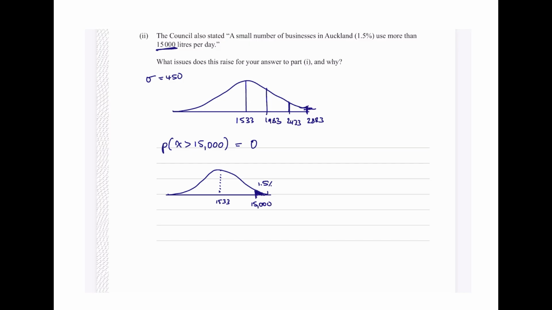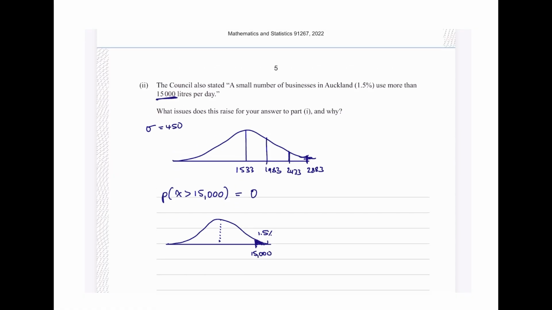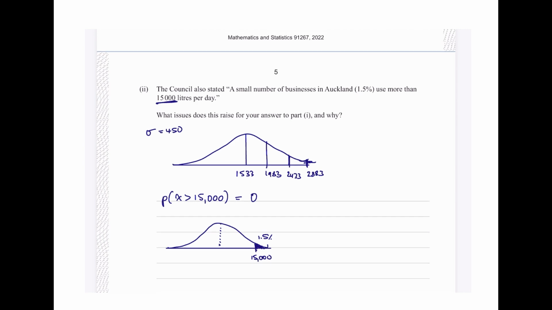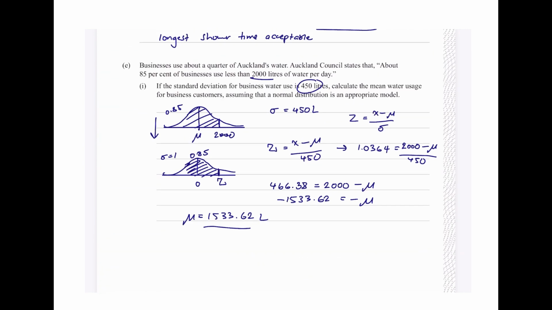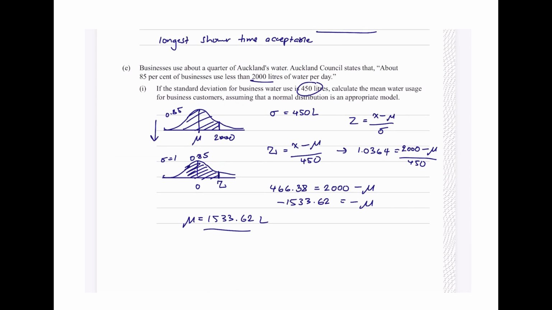Another thing that we can do is keep standard deviation the same, but if we just increase the value of our mean, that's going to allow us to get within 3 standard deviations, right? But what's the issue? The main issue here is we're saying, look, it's impossible for us to get 15,000 litres per day within 1.5% of our area. So essentially, how can it be true? It's a contradiction, because they've told us that the mean is 1,533.